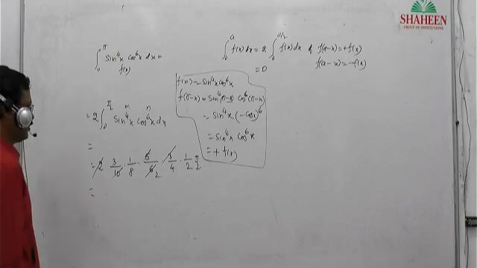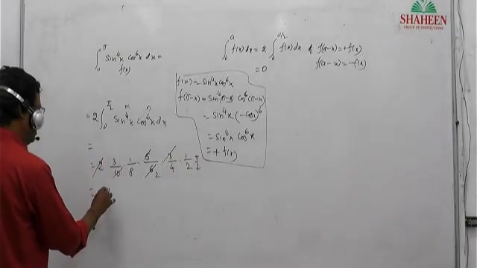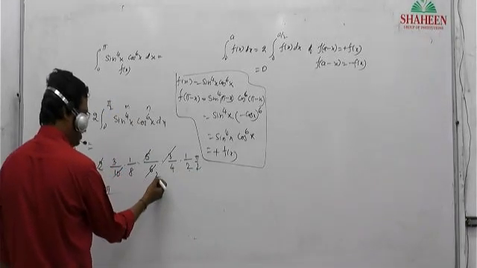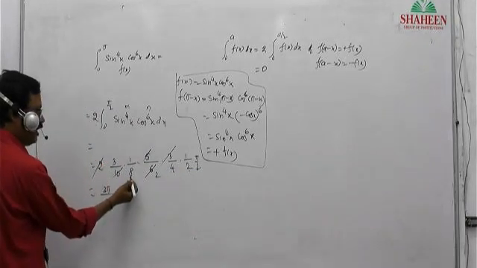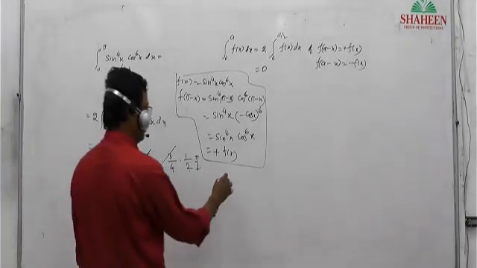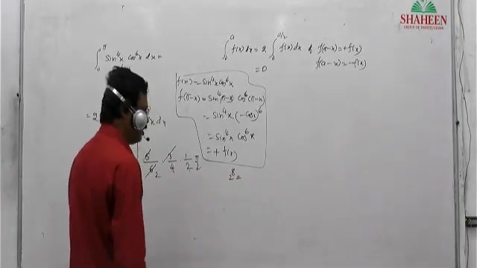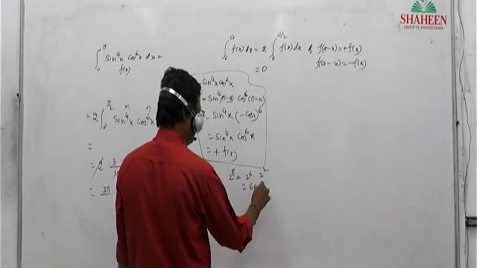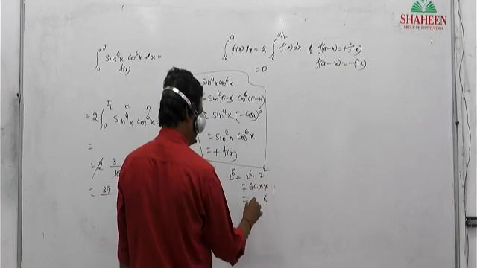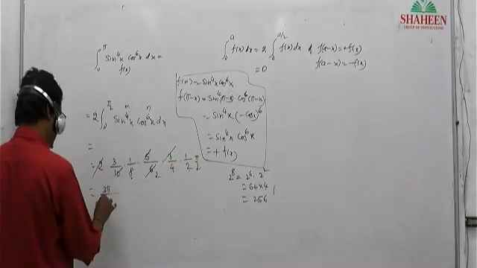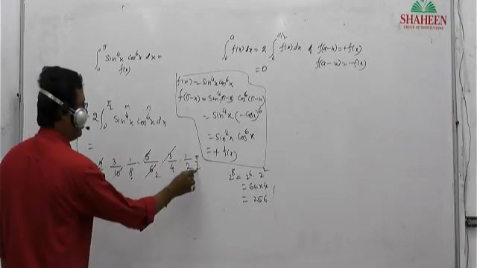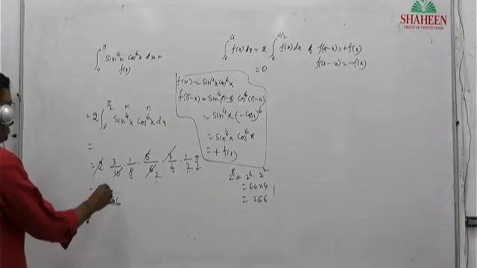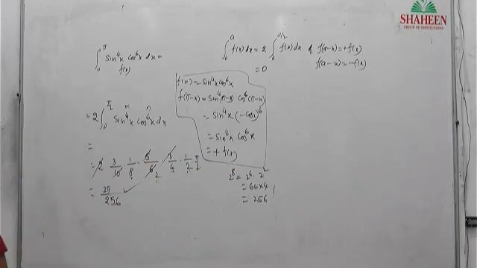What is the remaining? 3 pi by 1, 2, 3, 4, 5, 6, 7, 8. 8 twos are there, 2 power 8. 2 power 6 into 2 square, 64 into 4, 4 4s are 16, 256. That is 3 pi by 256. Is it okay, all of you?